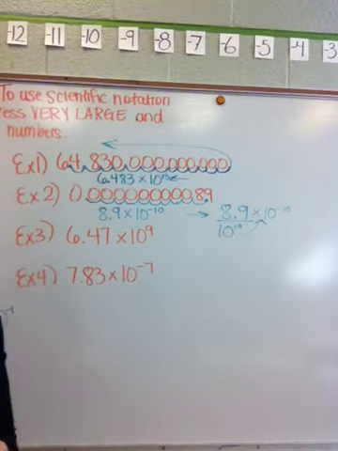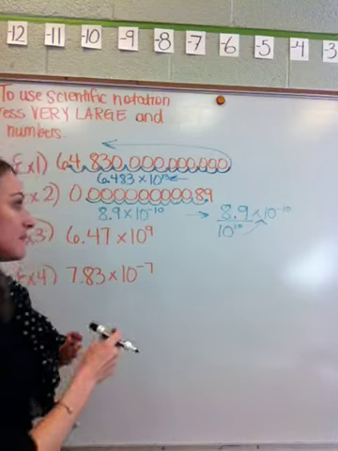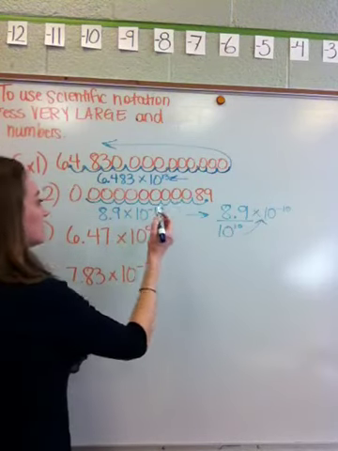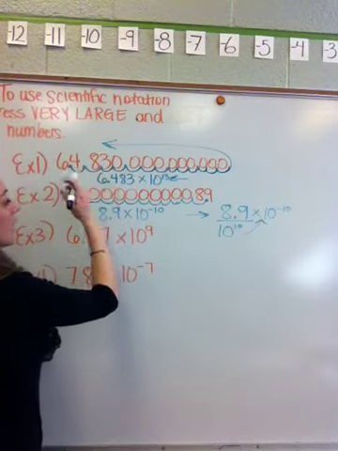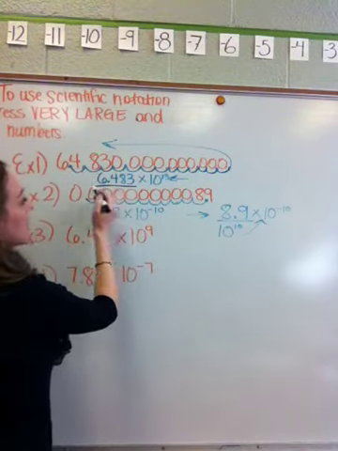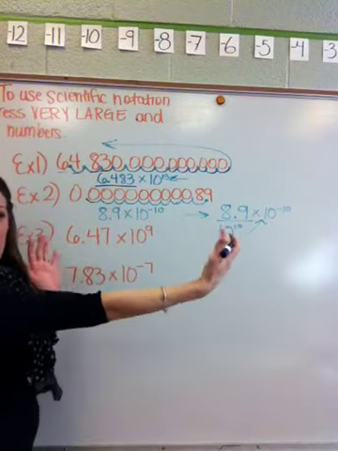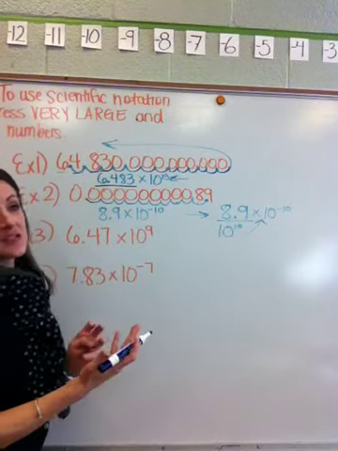Let's talk about another term that is related to scientific notation, and that's called a significant digit. Significant digits are the numbers that need to be written here. Notice I only write these digits. I don't include all the zeros, because that's the purpose of scientific notation.